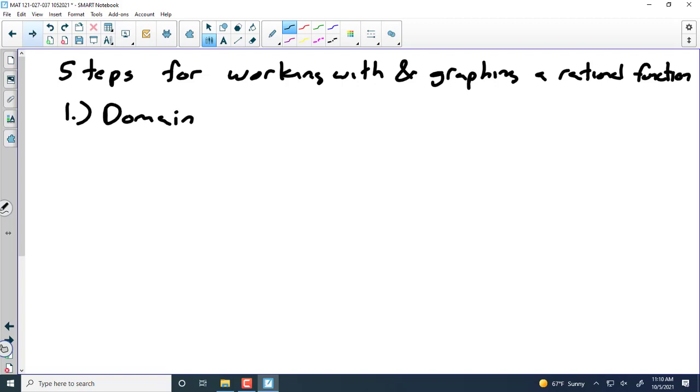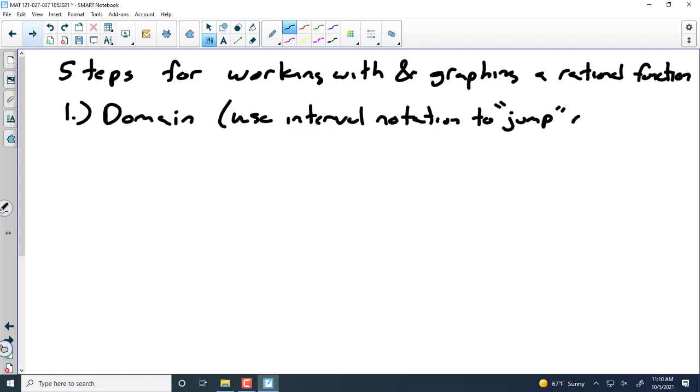You first find out what numbers you need to kick out. Use interval notation to jump the numbers that cause division by 0.